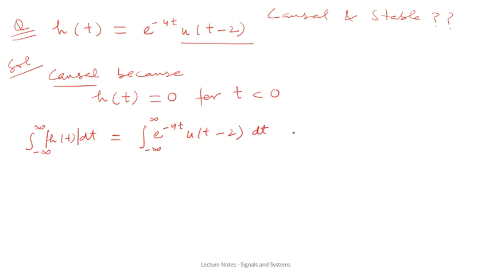If you solve it, you will get e raised to the power minus 8 over 4, and that is less than infinity, which means it's a finite value. So what does it mean? That the given system is stable also. So this given system is causal and stable both.